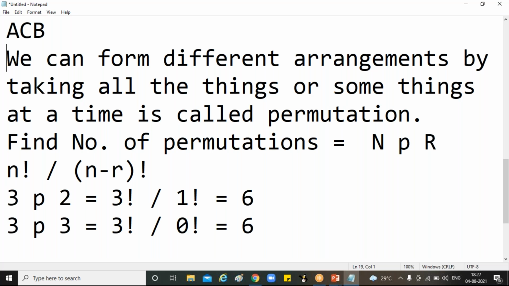nPr is equal to n factorial by (n minus r) factorial.